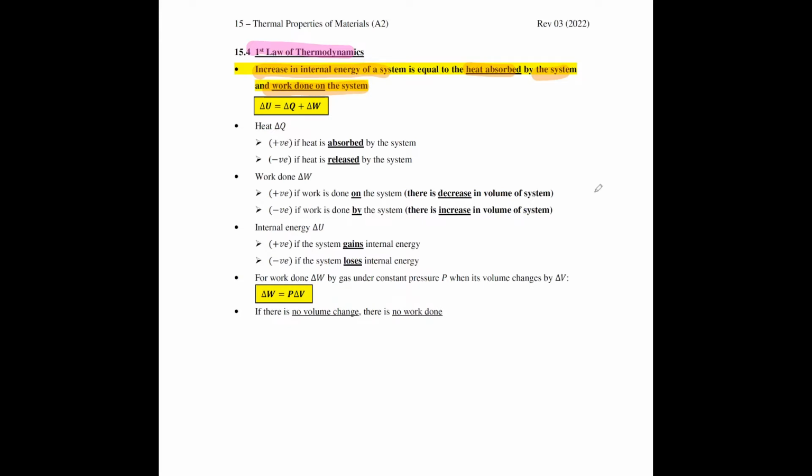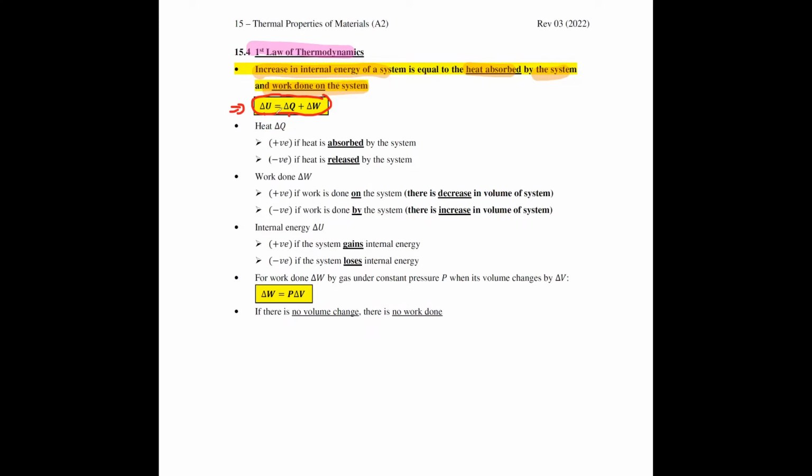Now, written in equation form, it looks like this. If you write it in equation form like this, sometimes you might read it as change in internal energy equals change in heat supply. If you are given an equation that looks like this, by right, you would tend to read it as change in internal energy equals the change in heat energy plus change in work done, right?